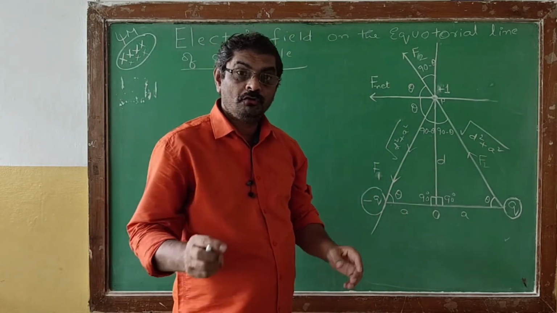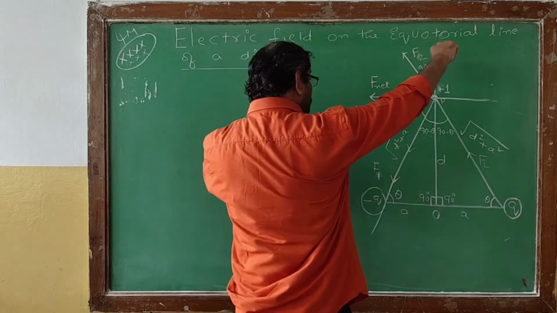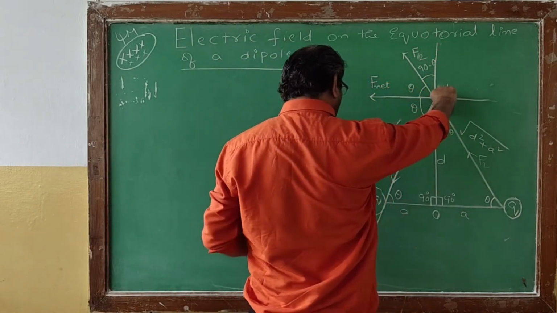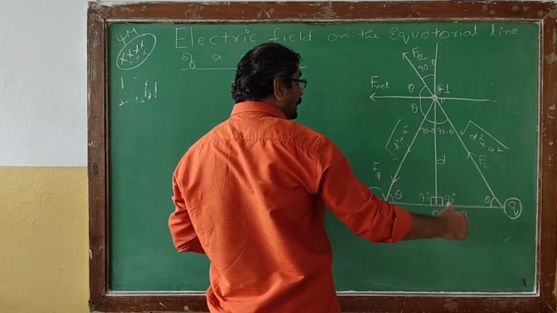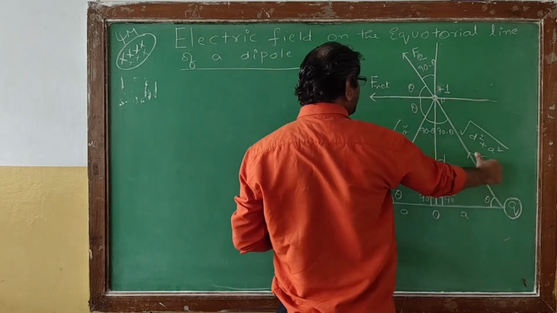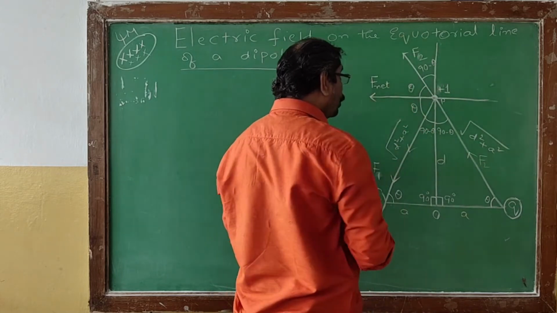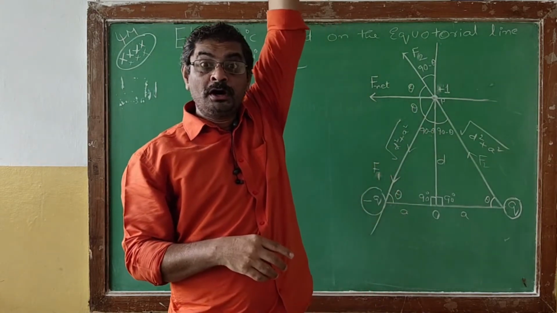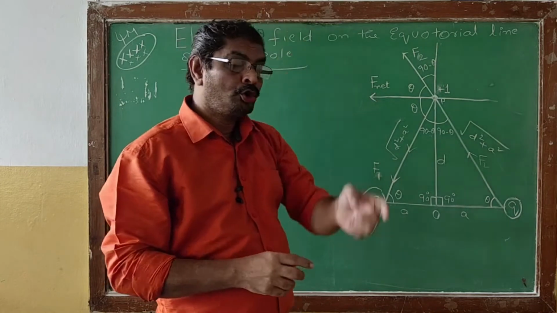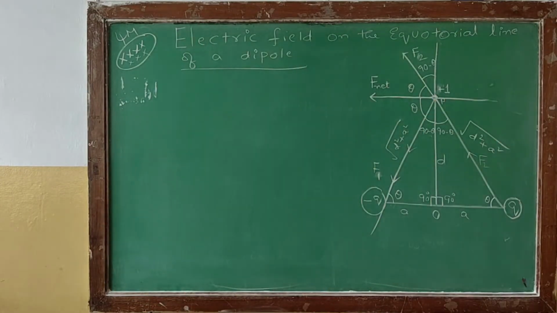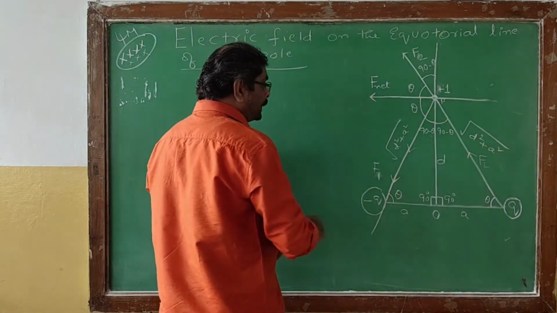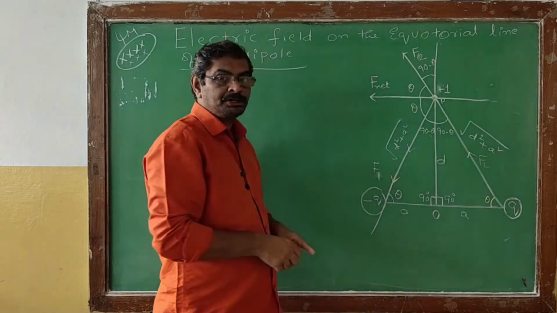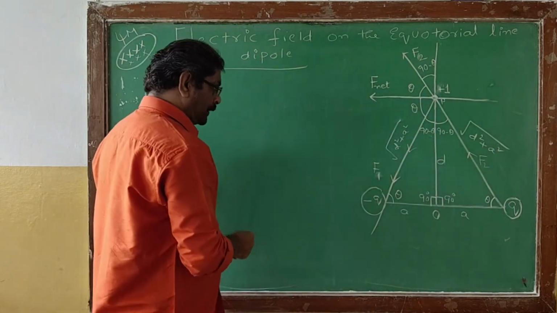First you find out the magnitude of F1, then you find the magnitude of F2. So first let us find out the magnitude of F1, and then we are going to find the magnitude of F2.